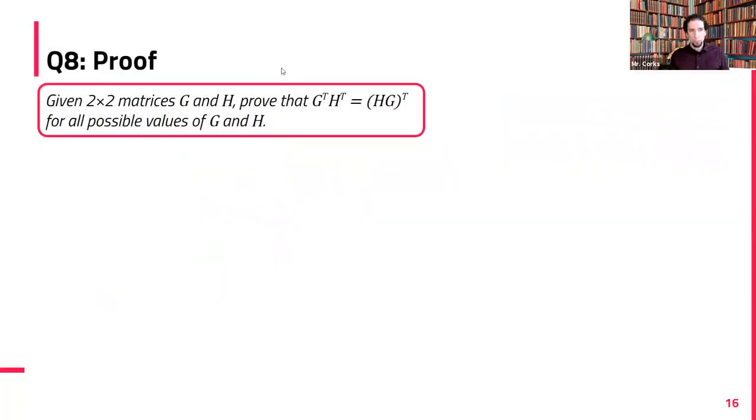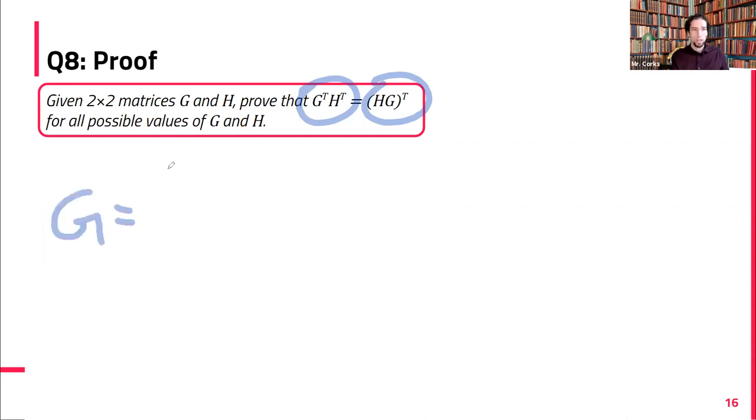Last one, proof. We have this property. Is the left side equal to the right side? Let's say just for an easy case, for 2 by 2 matrices. The way to address this one is to make some matrix G, call it whatever, give it whatever values.